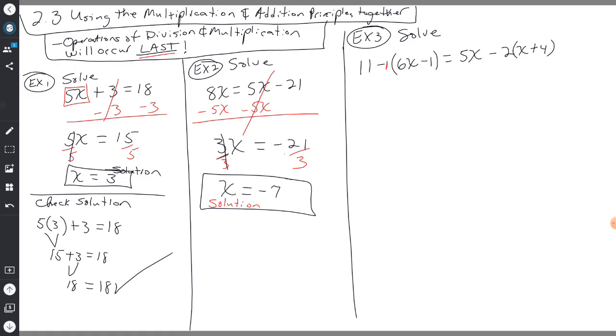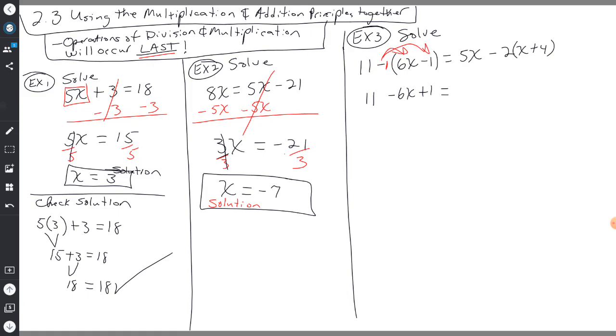So we can distribute that negative 1. So that becomes, we'll bring down that 11, and then negative 6x, and what? Plus 1. Right, negative times a negative gives us positive 1. All right, so we've eliminated the parentheses there.